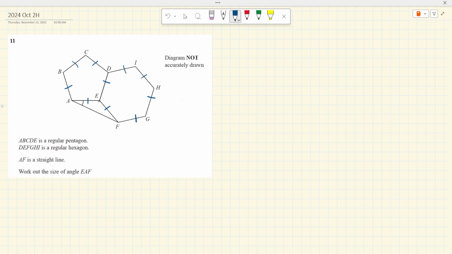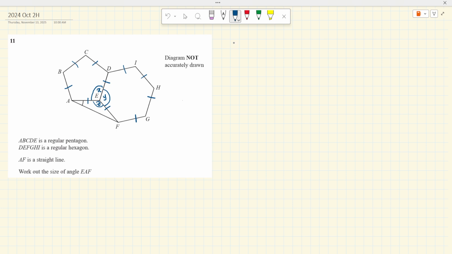So we need to find the interior angle of the pentagon, I put here x, and the interior angle of the hexagon, that is y. Then we can find z, and we can find then EAF, because this is an isosceles triangle.